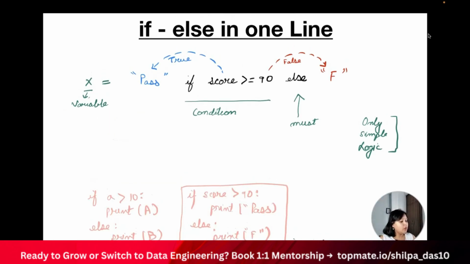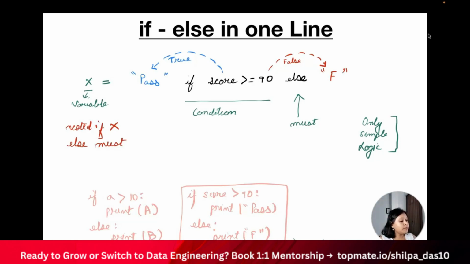Now, the only major thing I can advise is, don't use this one line statement if there are nested ifs. In case there are nested ifs, I would not recommend using this. The second thing you need to keep in mind is that the else statement is a must, right? You cannot write it if it doesn't have an else statement.